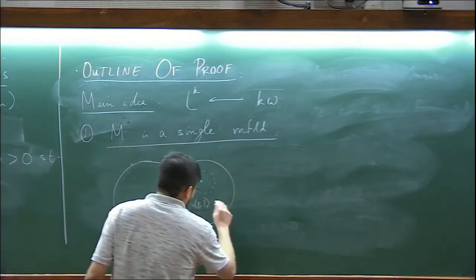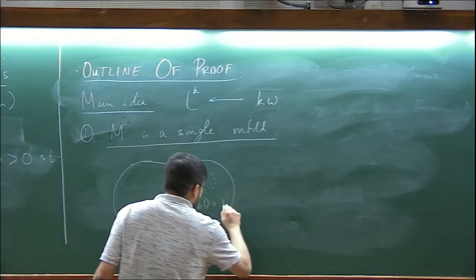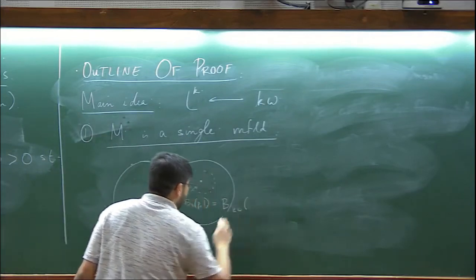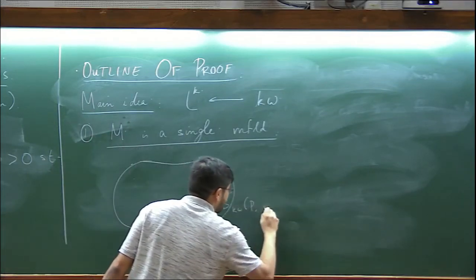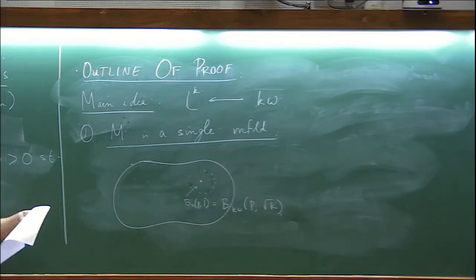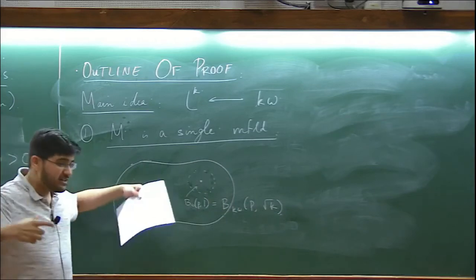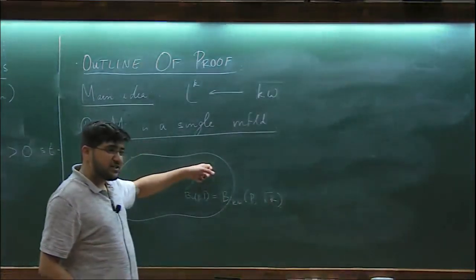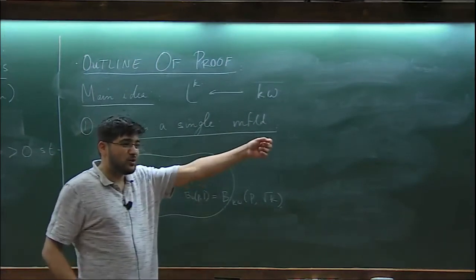Now the point is that this is actually, at least set theoretically, the ball of radius root k in the metric k times omega. If you're scaling the metric by omega, making the metric really big, then as you go to the edge of this ball, you're covering a lot more distance, right?